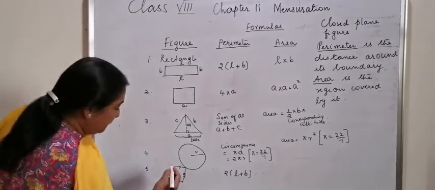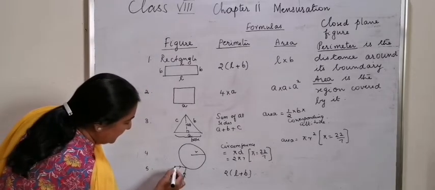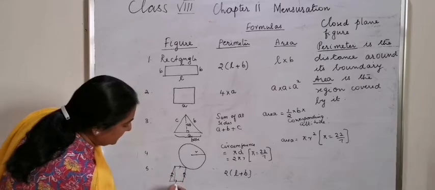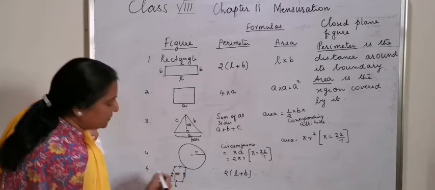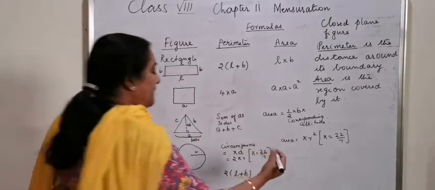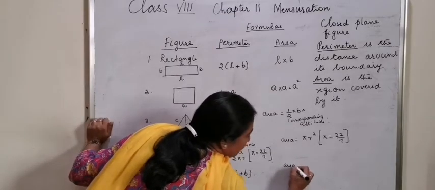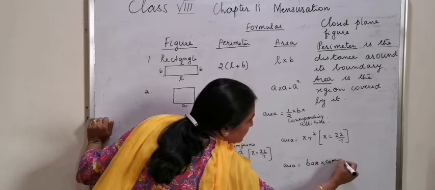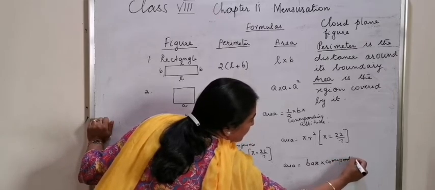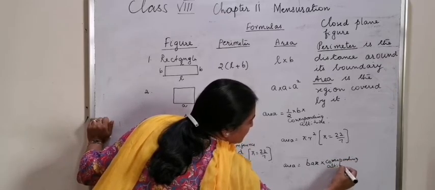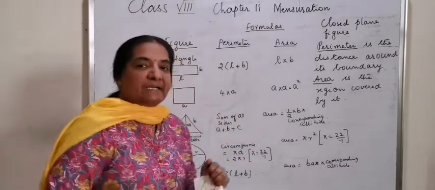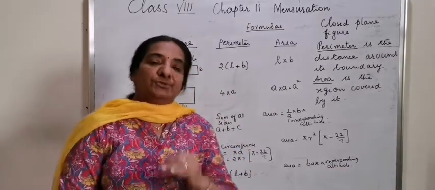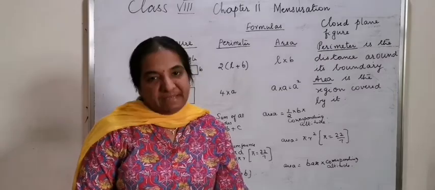And if you consider the base and the corresponding altitude, area of a parallelogram is base into corresponding altitude. Whichever is the base you are considering, the altitude is to that particular base.